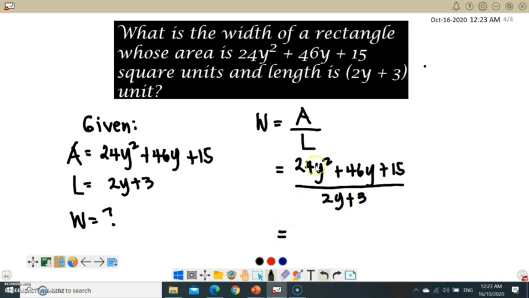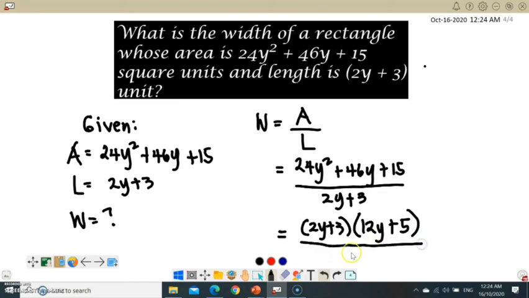So we need to factor the numerator for us to simplify it. So what are the factors of 24y square plus 46y plus 15? So we have here 2y plus 3 multiplied by 12y plus 5. So copy the denominator over 2y plus 3.